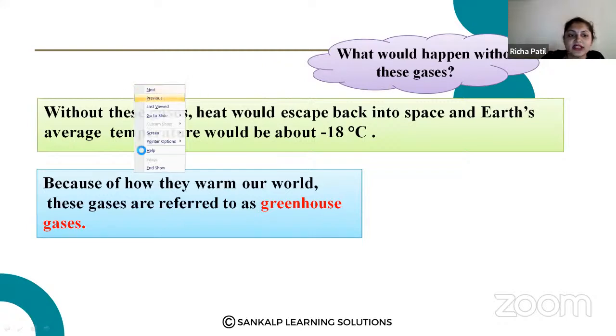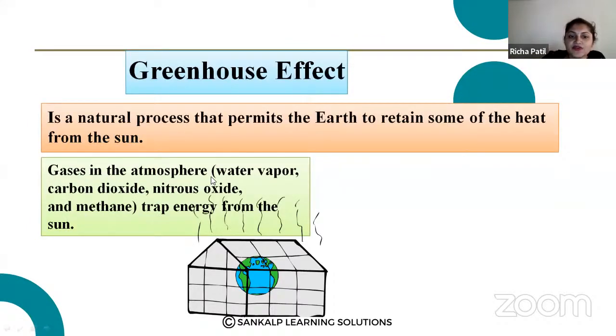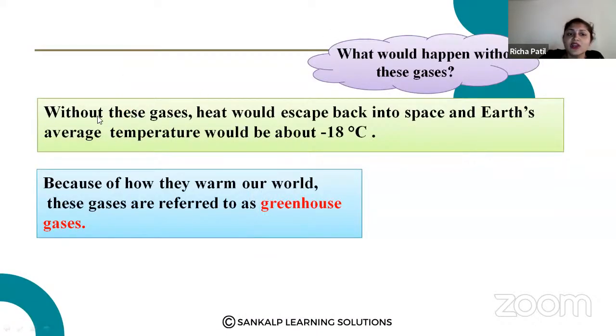Remember this, it is very important. The greenhouse gases are water vapor, carbon dioxide, nitrous oxide, methane, and CFCs. They trap the energy from the sun. Without these gases, heat would escape back into space, and Earth's average temperature would be minus 18 degrees Celsius.